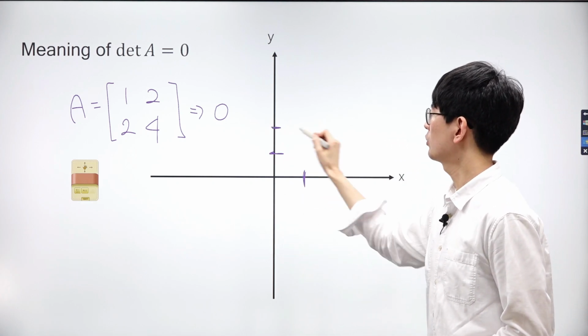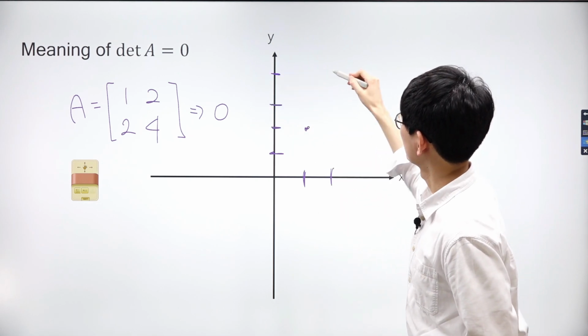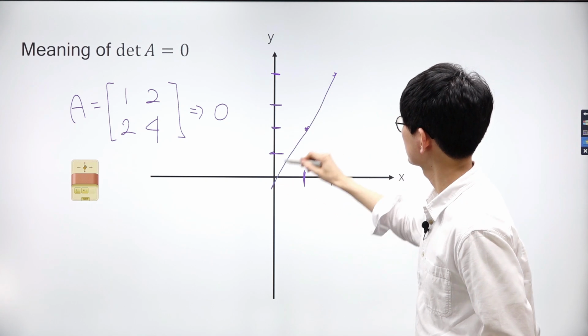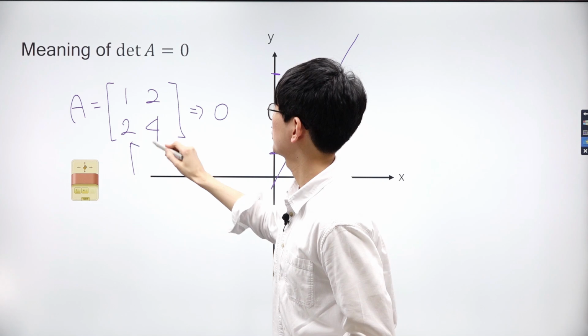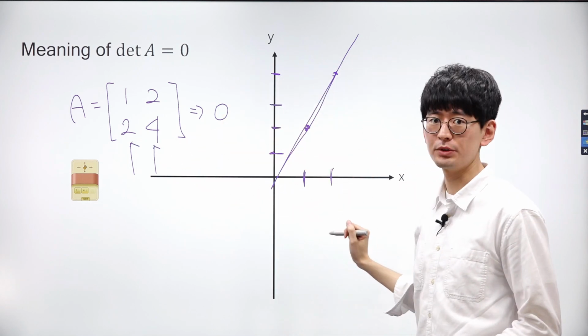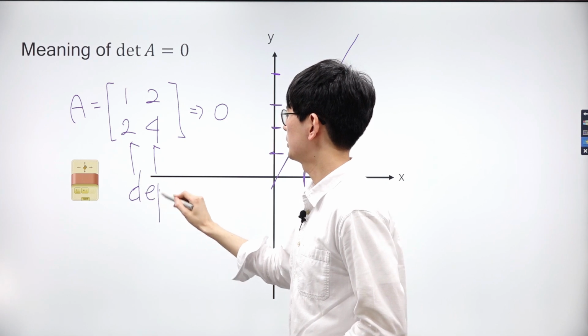Next, let's plot the vectors from matrix A on a two-dimensional plane. Notice that both vectors, (1, 2) and (2, 4), lie on the same line. This means the vectors cannot span the entire space, indicating they're linearly dependent.